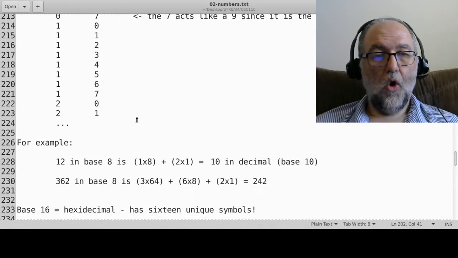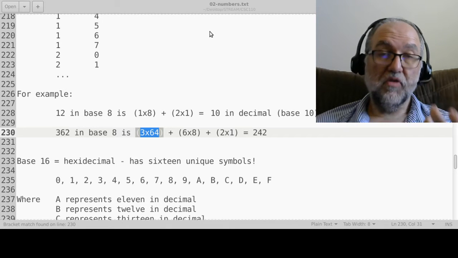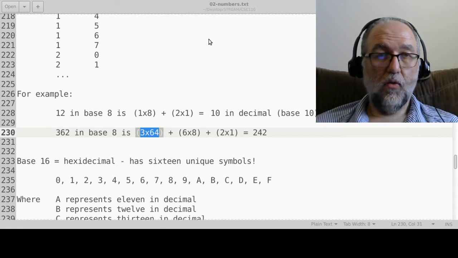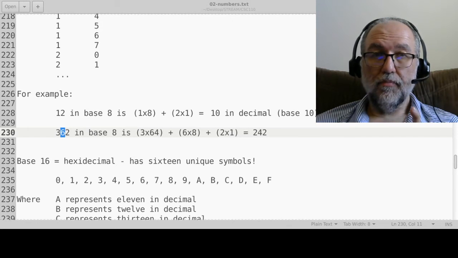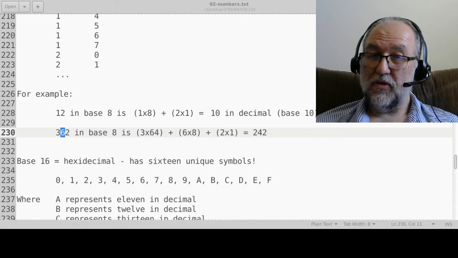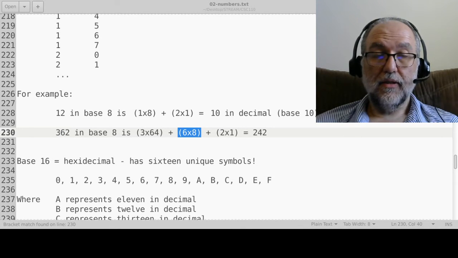So that 3 is in the 64 column, so we have 3 groupings of 64, 3 times 64. This 6 is in the eights column, so in addition to the 3 groupings of 64, we also have 6 groupings of 8.